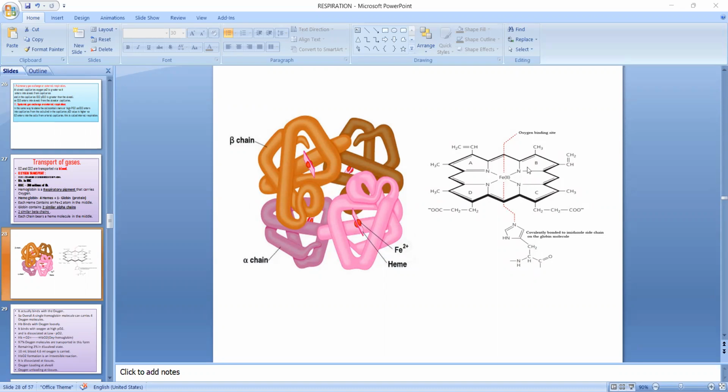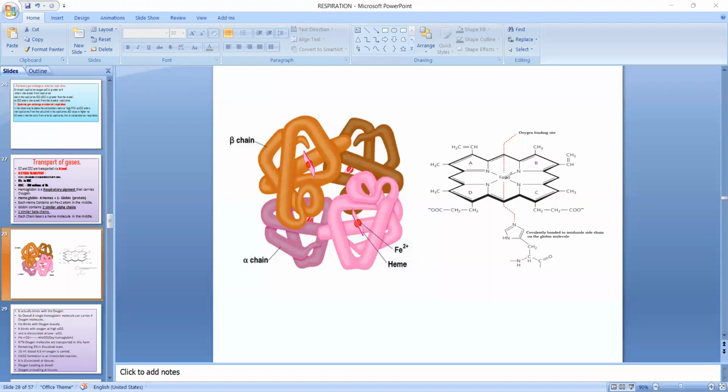So this is the heme molecule, which contains a central iron atom.